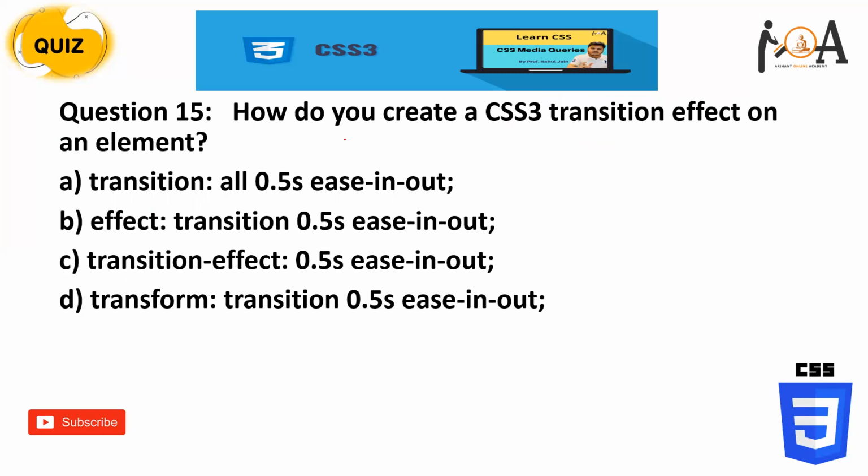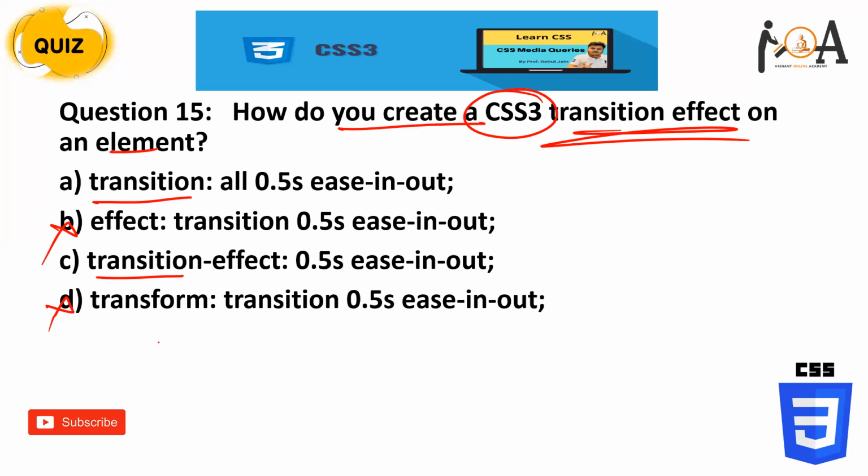Question number 15: how do you create a CSS3 transition effect on an element? Transition properties are asked here, so obviously you need to use transition. So B and D are eliminated. Transform is not a keyword we use for transition, and effect alone is also not used for transition.